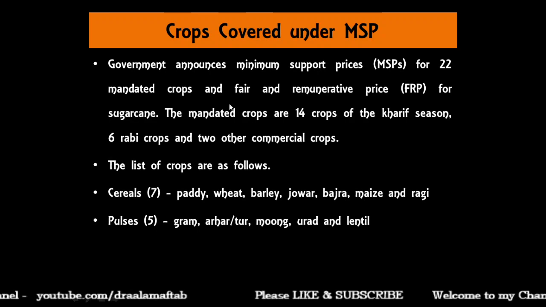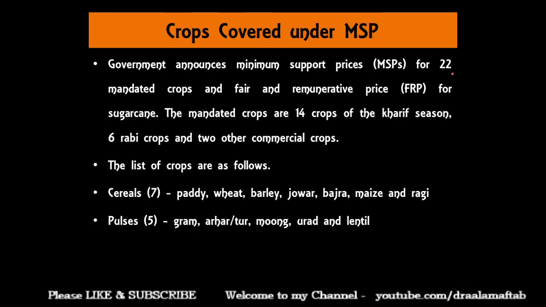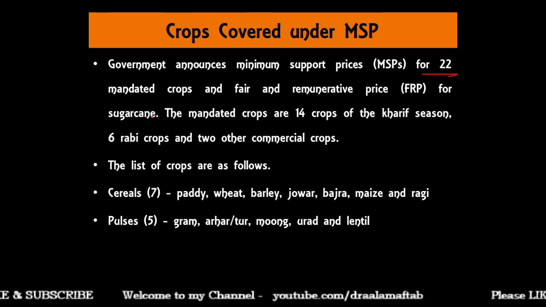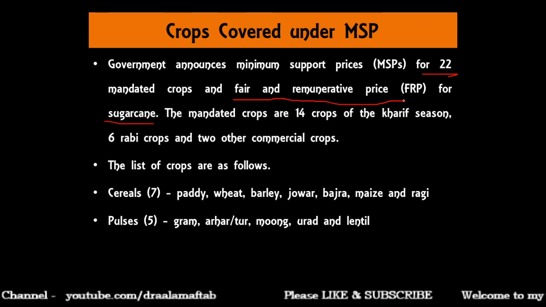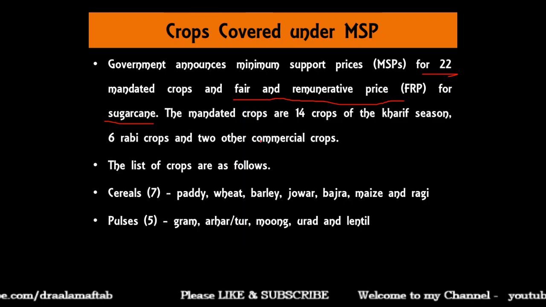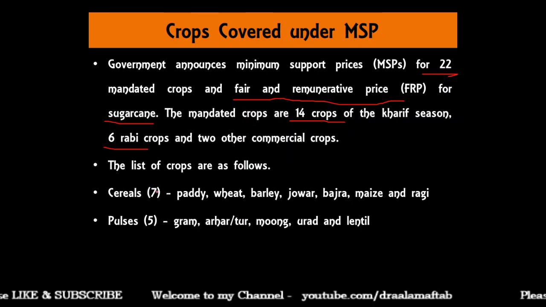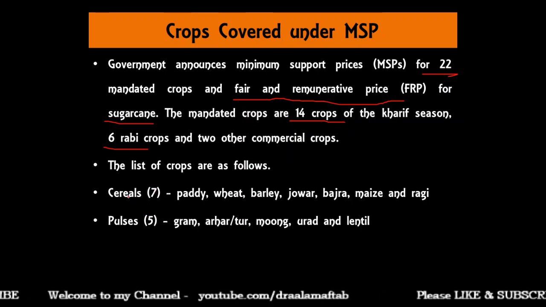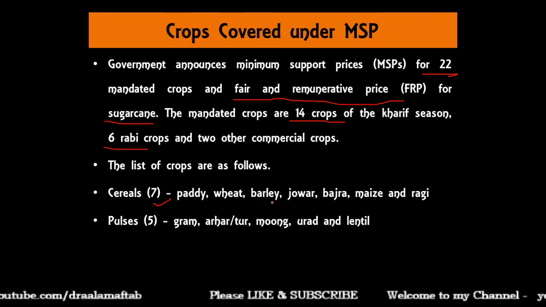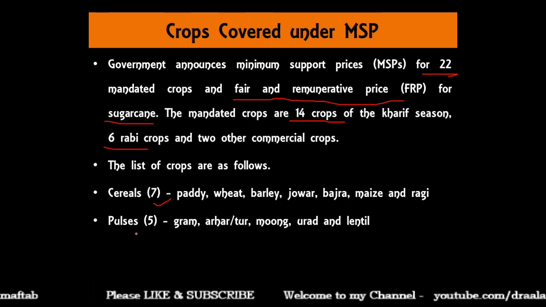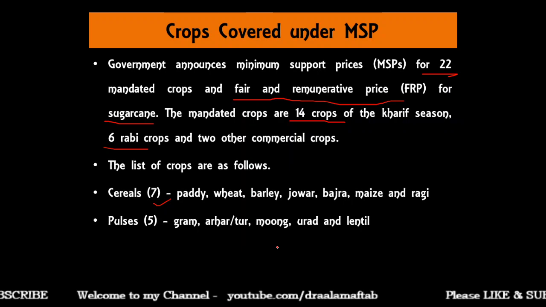Now, what are the different crops which are included under MSP? There are 23 crops, 22 plus sugarcane, for which fair and remunerative price, FRP, is announced. Mandated crops are 14 Kharif crops and 6 Rabi crops. Here is the complete list. Under cereals we have 7 crops: paddy, wheat, barley, etc. Under pulses there are 5: gram, arhar, tur, moong and other pulses.